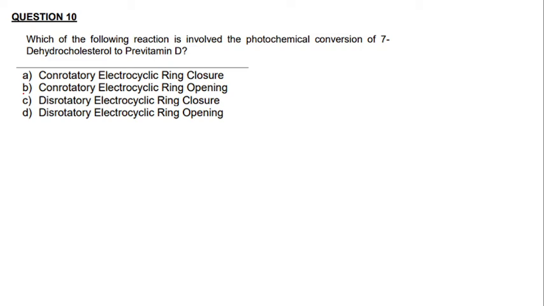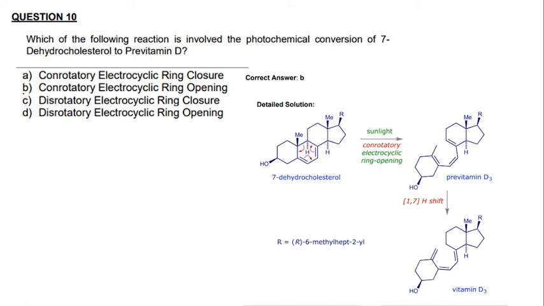Okay, so another question is: which of the following reactions is involved in the photochemical conversion of 7-dehydrocholesterol to previtamin D? Okay, so you need to know, this is 7-dehydrocholesterol.